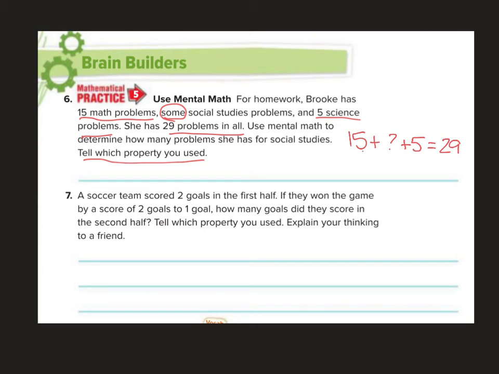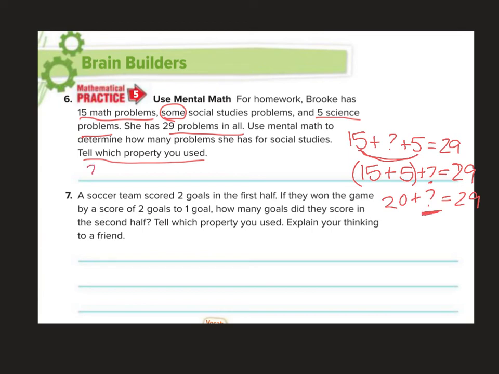So if I add together the 2 things that I can do, look at this, I can add 15 plus 5 plus a question mark. And really I would be putting parentheses around here because I want to do that first. Now it would be the associative property, right? Equals 29. So here I'm seeing I have 20 plus question mark equals 29. What do I need to add to it? 9.